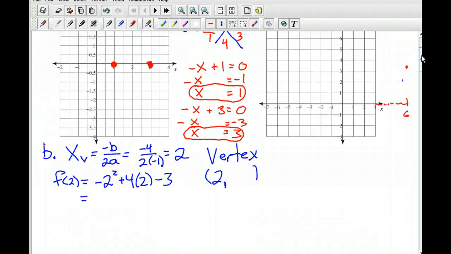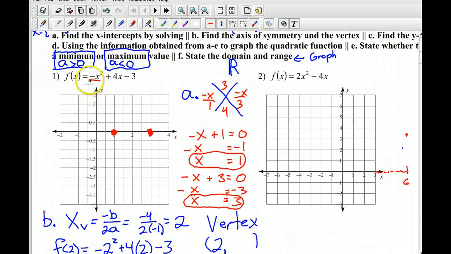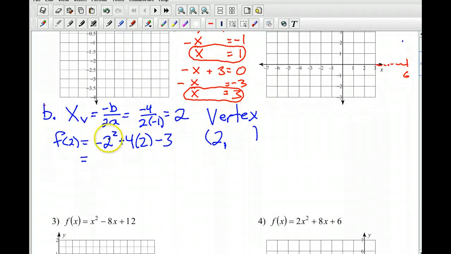Note that this right here, -x squared, means -1 times x squared. Which means we have to square the number, then multiply by -1. Order of operations. Exponents, then multiply. It might be very tempting to say, oh, it's negative 2 squared is positive 4. That would be incorrect. This really means negative 1 times 2 squared.